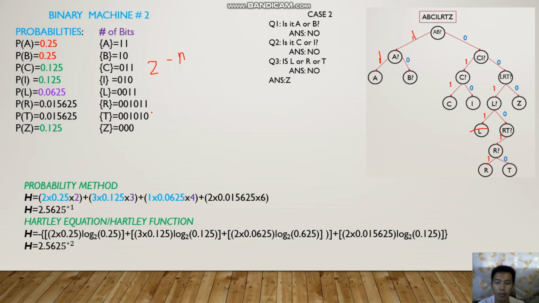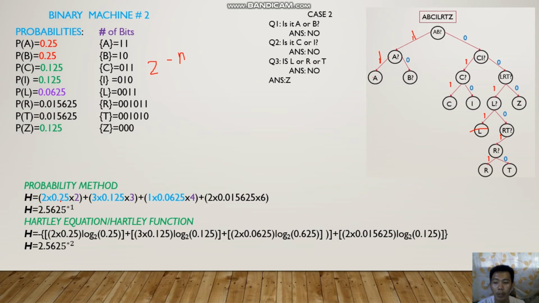So 2 raised to negative 6, where n is the number of bits, so 6. 2 raised to negative 6 is equal to 0.015625.